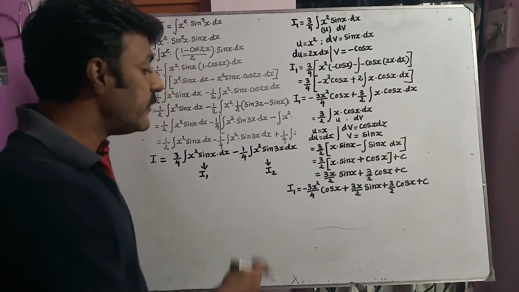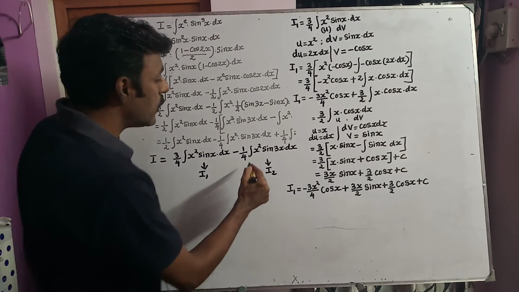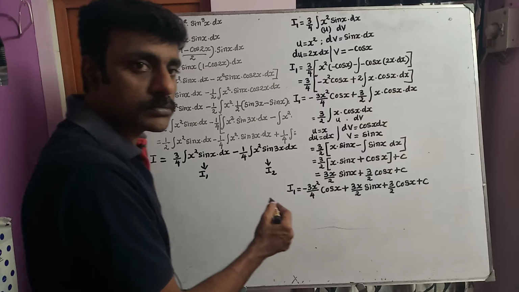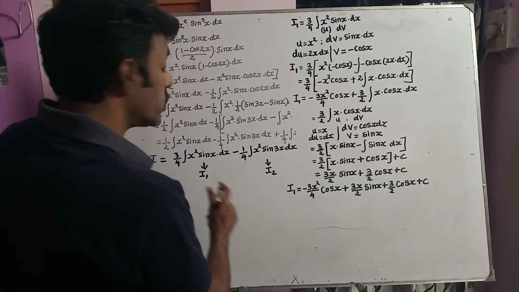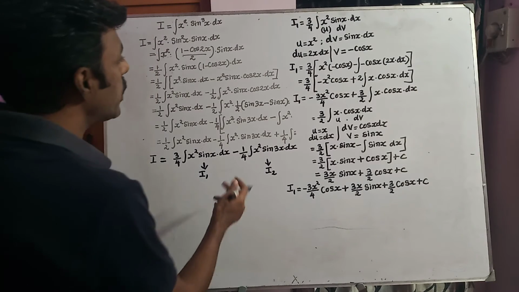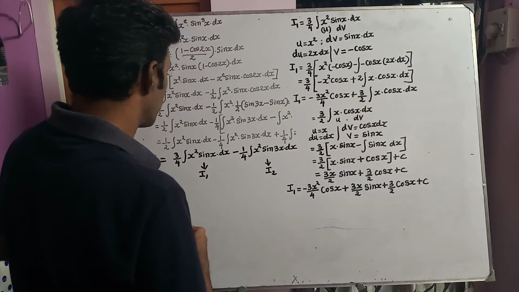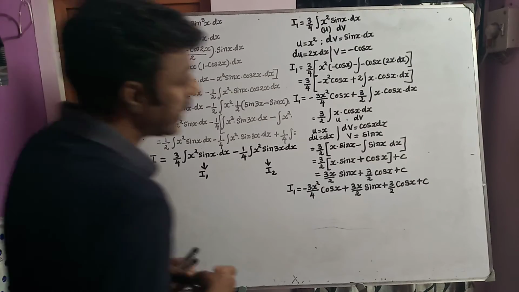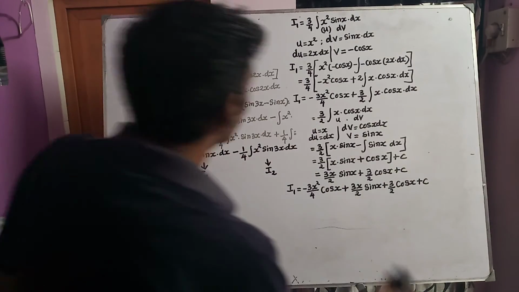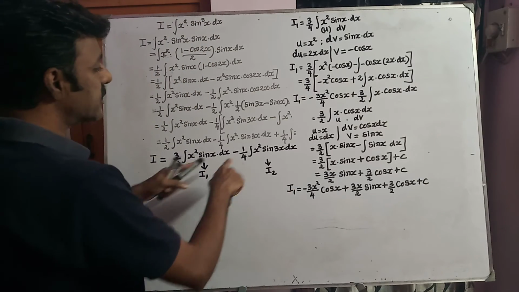So finally we got the value of I1. I1 is over. Now we need to calculate I2. So I1 is over, so now we need to find what is I2. So for finding I2, I got the value of I1 here. So let's get started with I2.